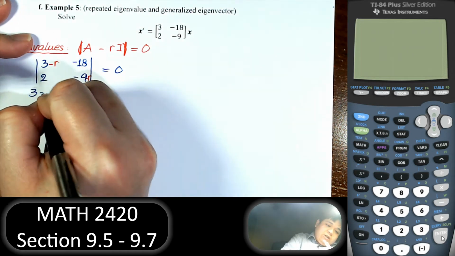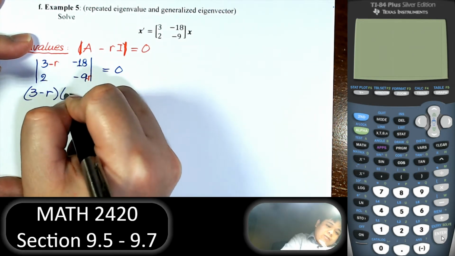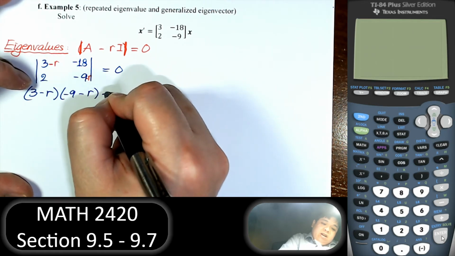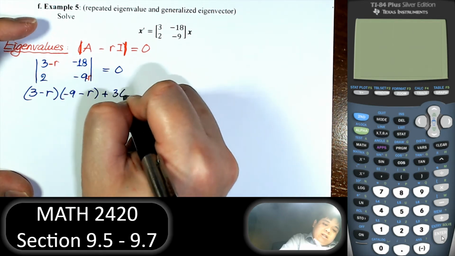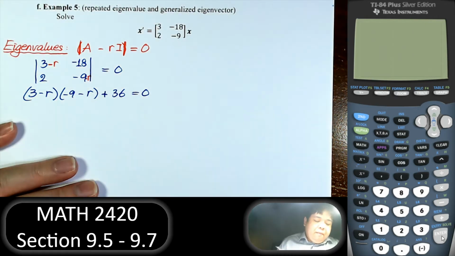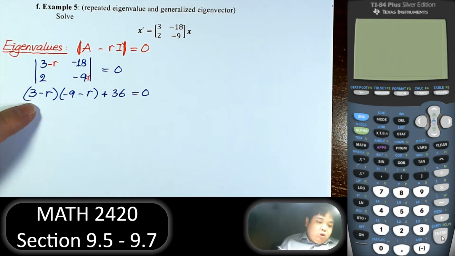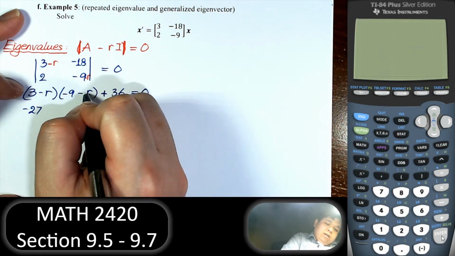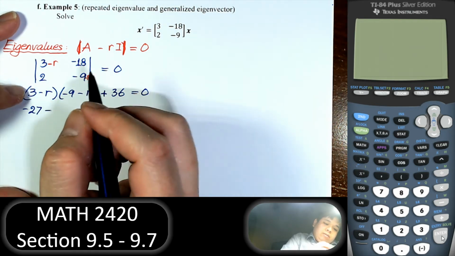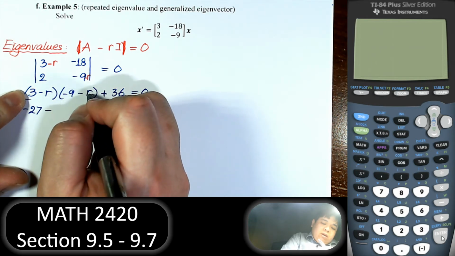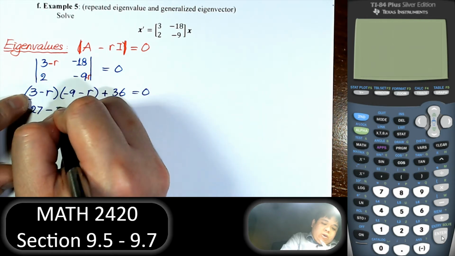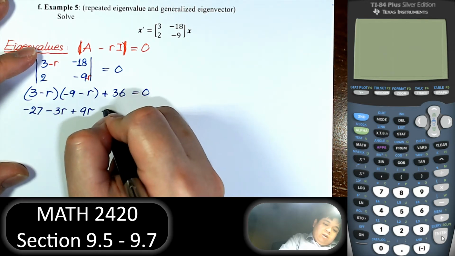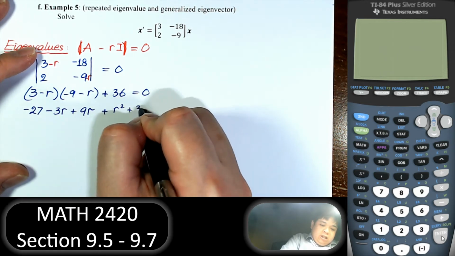So (3 - R)(-9 - R) subtract negative 36, plus 36 equal to 0. Right. So multiply it out. Negative 27 minus 3R plus 9R plus R squared plus 36 equal to 0.